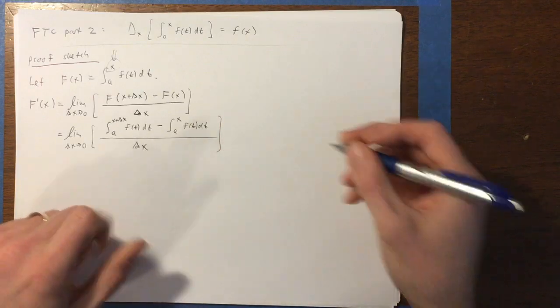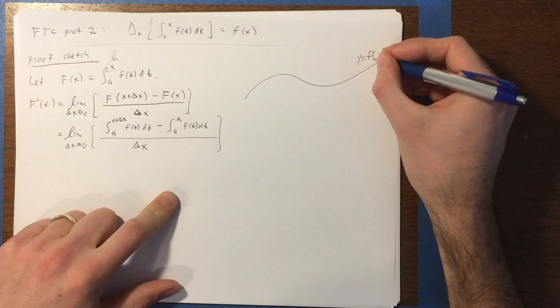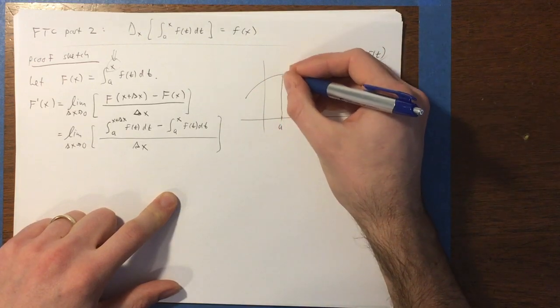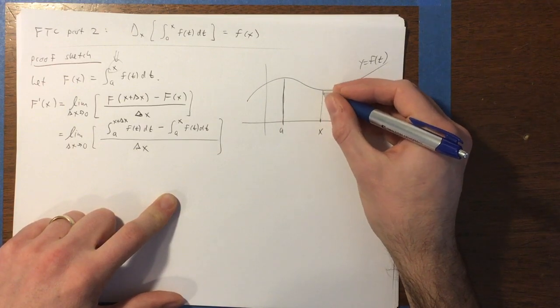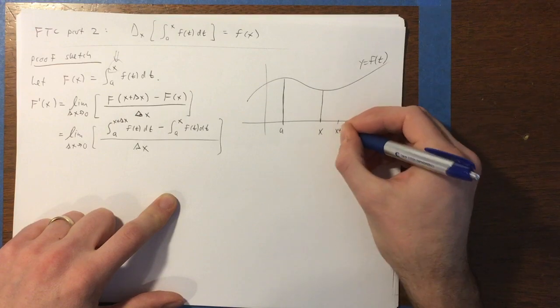So let's draw a picture of what we're talking about here. Here's our function, y equals f of t. Here's our a, where we start. We're measuring from here, and then somewhere over here we've got x. And then somewhere a little further on is where we have x plus delta x.